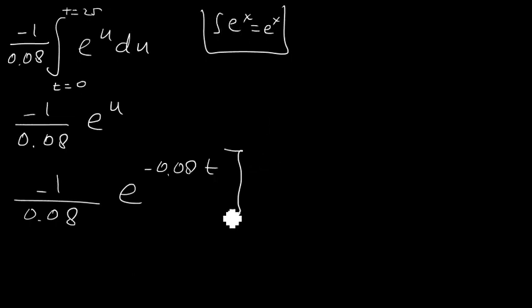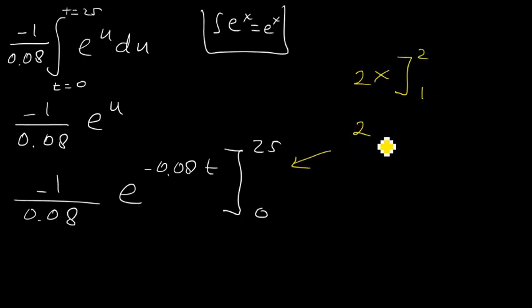Then we substitute: t is 25 and the other limit is 0. We remember that after integration, if we have 2x and want to substitute 2 and 1, this becomes 2 times 2 minus 2 times 1. So we put the upper value here and then minus the lower one.